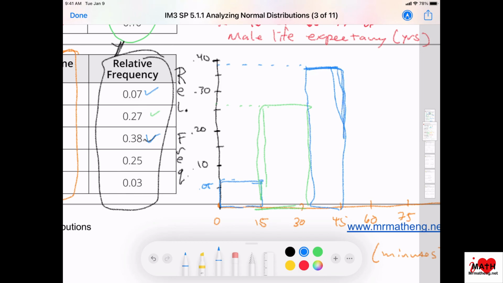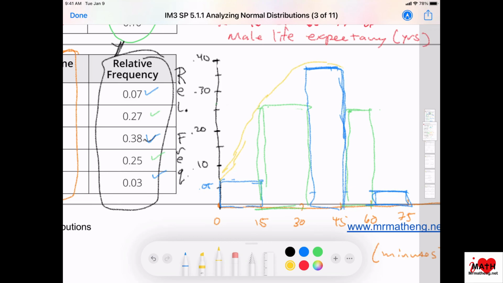Can always go back and thicken it in. 0.25. And 0.03. See, straight building now.